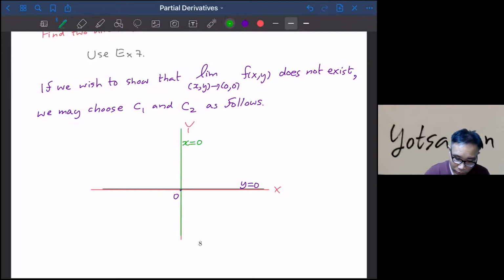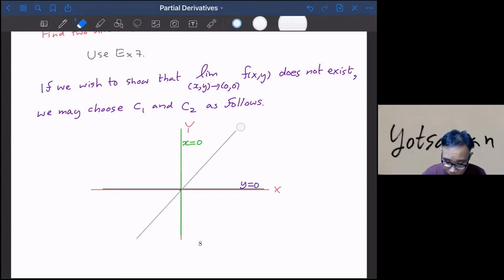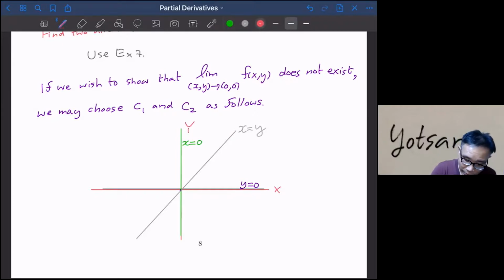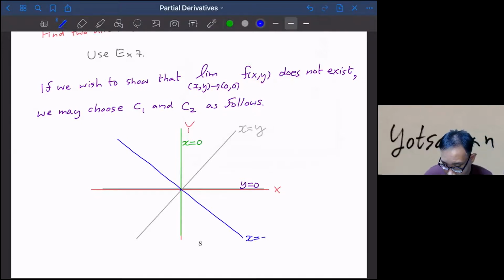Or you may try x equal to y, or y equal to x, or another line, x equal to negative y.